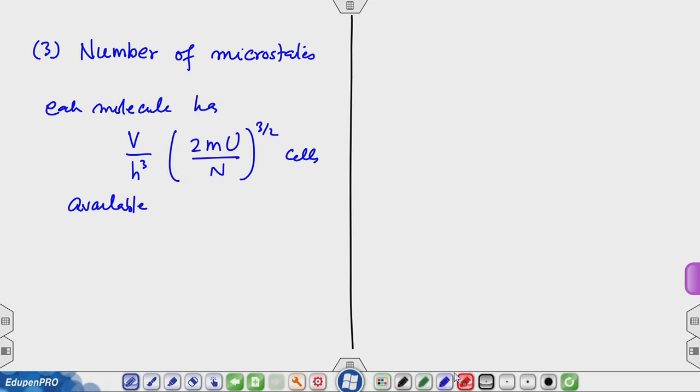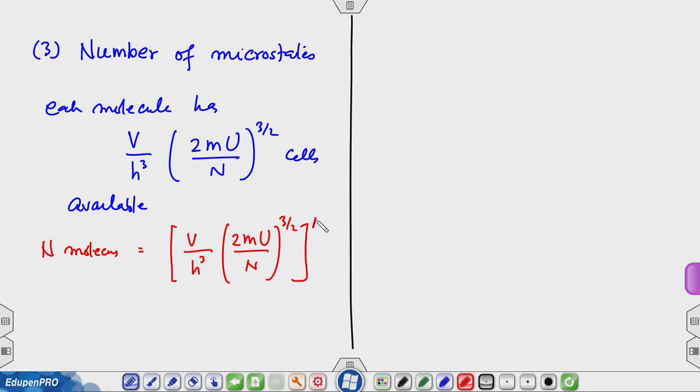So, n molecules are going to have V over h cubed times 2 m U over n raised to 3 by 2, raised to n microstates.